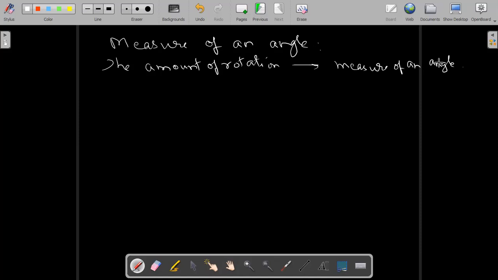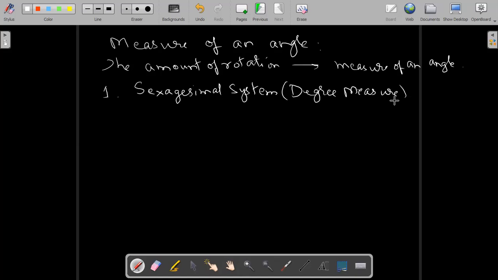How do we measure? There are two systems. Number one system is called the sexagesimal system, or it is also called degree measure. We will use degrees for measuring, as we generally have been using degrees right from the beginning.